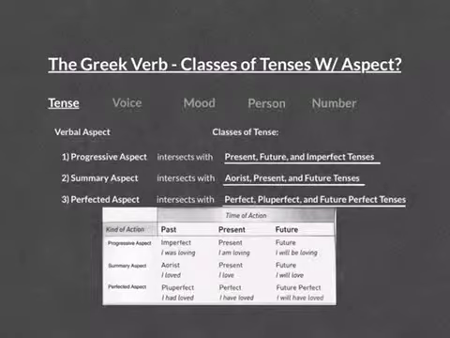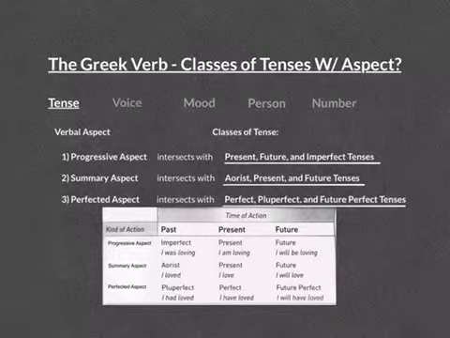Well, under kind of action it says progressive aspect. Within the time of action, under the past you'll see imperfect tense, which we're not really covering today, but if you were to translate it, it would be I was loving. Under present time, in the present tense, it would be I am loving. And in the future time, with the future tense, it will be I will be loving. Does that make sense to everyone?